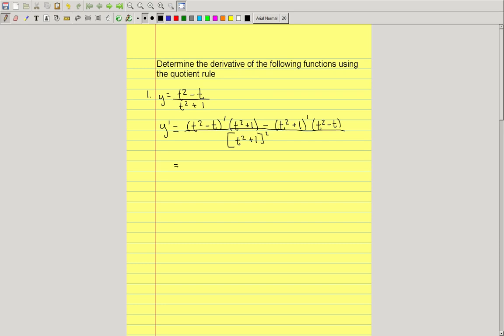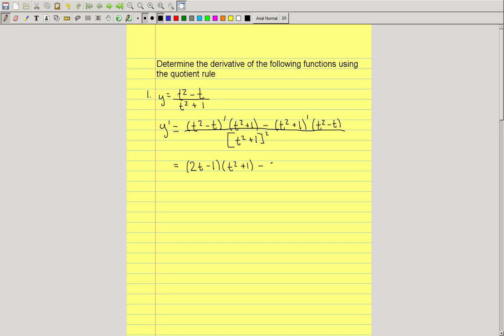Okay? Now we're going to take the derivative of t squared minus t, and we're going to get 2t minus 1. We're going to keep it in parentheses because we're going to have some multiplying to do here in a bit. And then t squared plus 1. And then we're going to subtract from that the derivative of t squared plus 1 times t squared minus t.